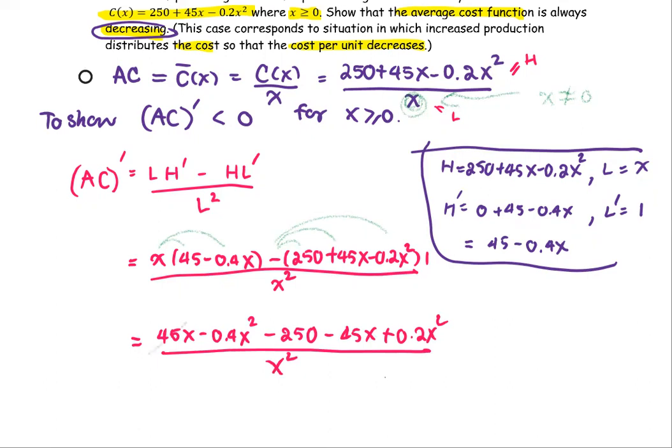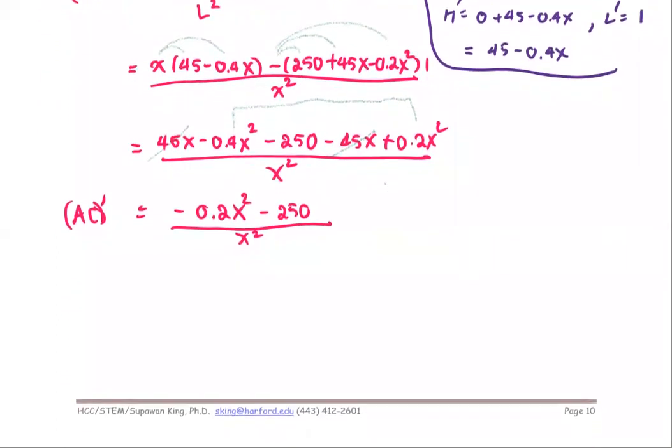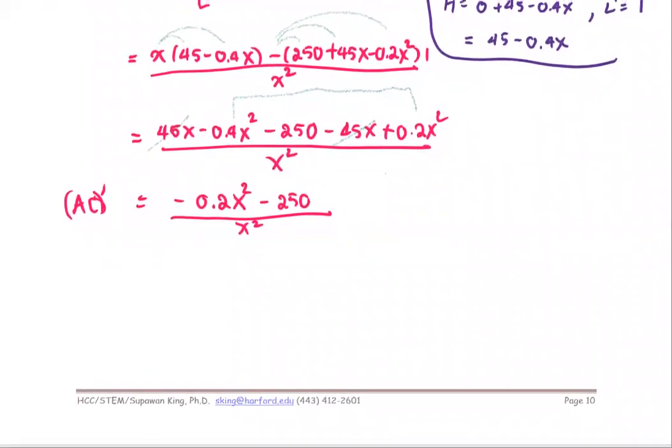As I see, 45x minus 45x cancels, and then negative 0.4x squared plus 0.2x squared becomes negative 0.2x squared, and then subtracted by the number 250, all divided by x squared, as the simplified form of the derivative of the average cost function. Next, I'm going to identify the interval where the average cost function is decreasing, or verify it's decreasing everywhere.